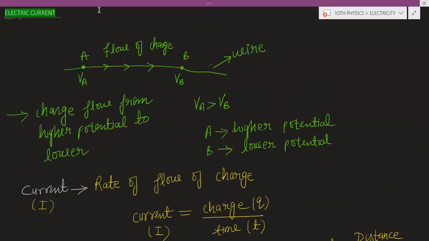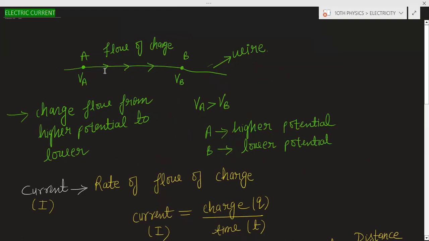See, this is a wire, point A and point B. Point A is at higher potential, point B is at lower potential. So the charge will flow from A to B. Now, what is current?